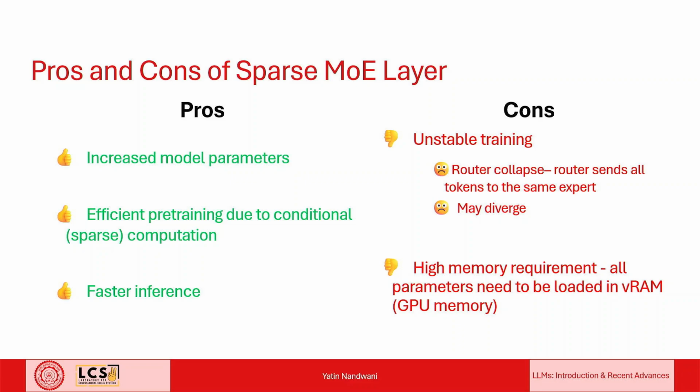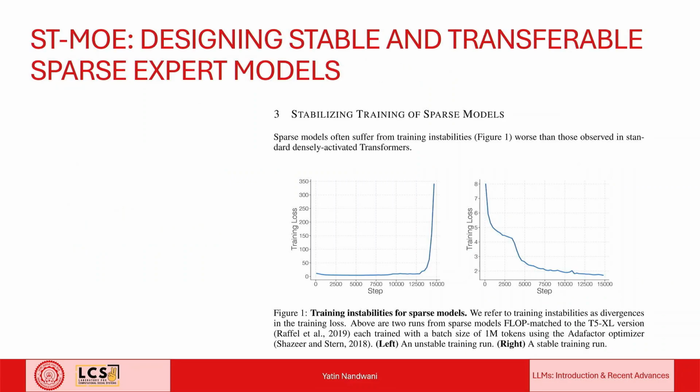But then there are certain issues as well that we need to handle, right? The first and foremost issue is the unstable training of experts. In practice, many times we see that a random run can result in the divergence of the loss. For example, this is a graph from one of the papers where on the left-hand side you see a training run which diverges. Training loss suddenly spikes up in the left curve, and on the right we are training the same architecture.